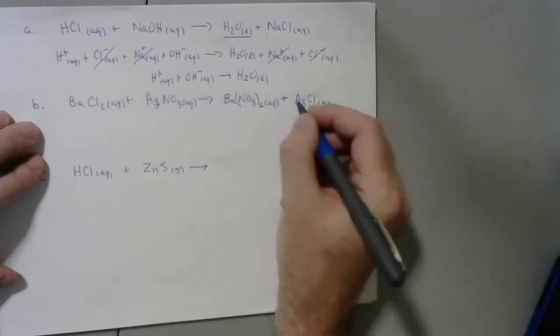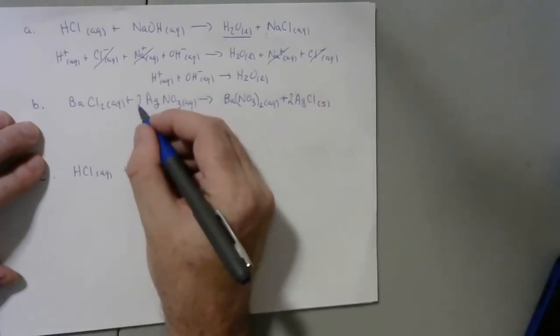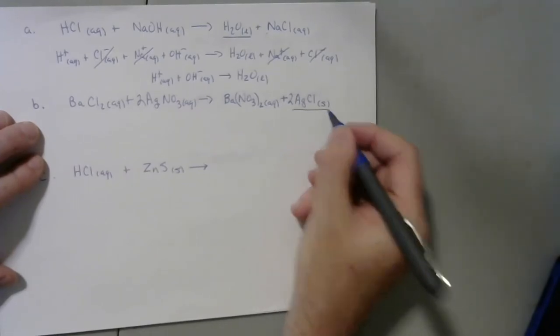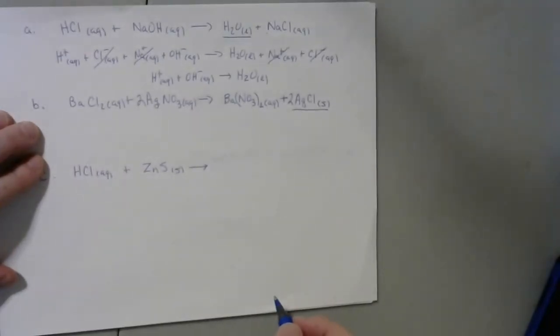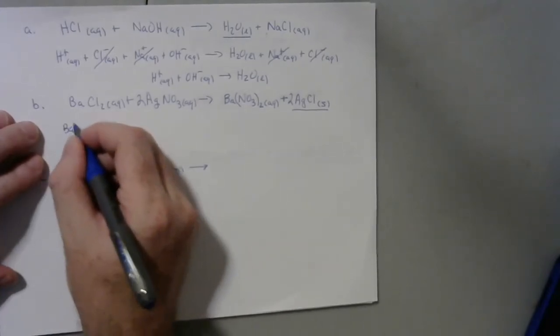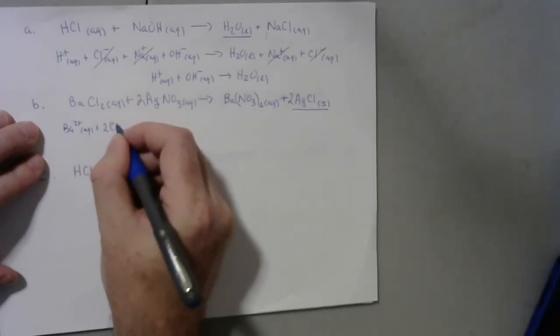And so to balance it, that's going to have to be a 2 there, and we're going to put a 2 there. Now let's split it apart. This is the thing I'm not going to split. It's the insoluble salt. So we're going to write Ba2+ aqueous plus 2 Cl- aqueous.